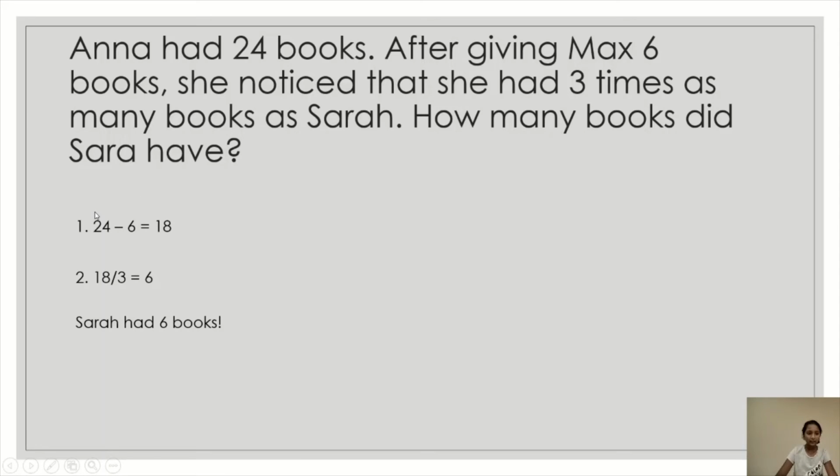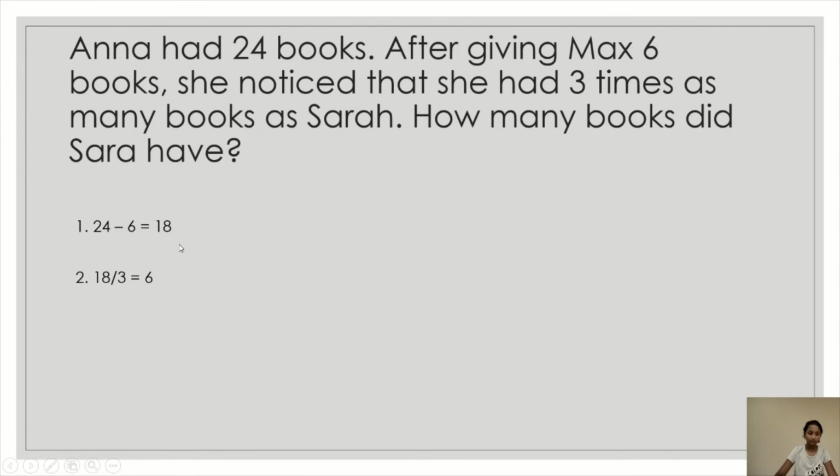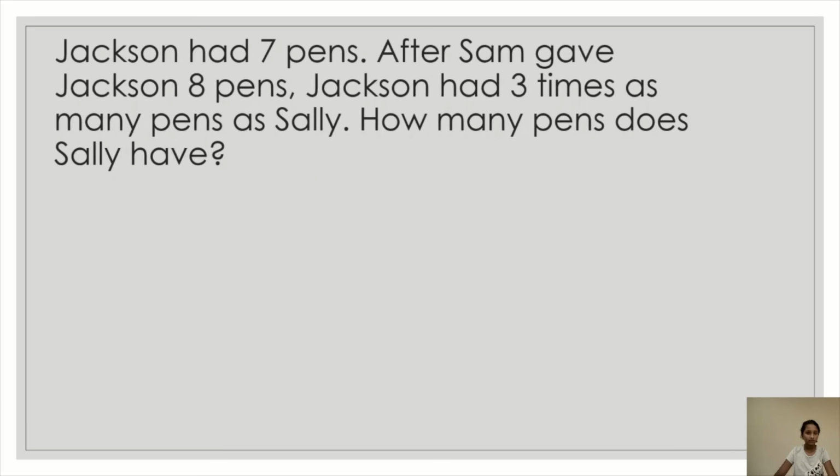What about in this problem? In this also, the first step is subtraction. You're subtracting 3 from 9. Let's come back to this problem. What's happening first? Jackson had 7 pens, and then Sam gave Jackson 8 pens.